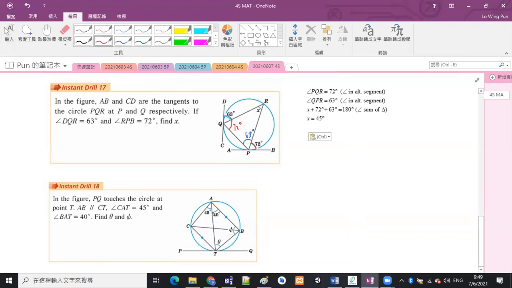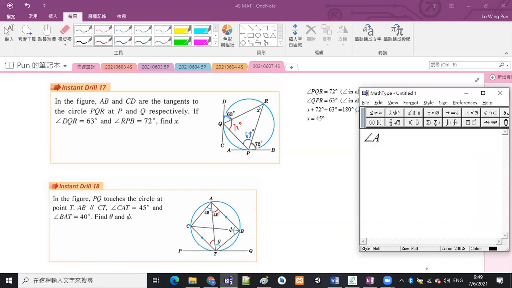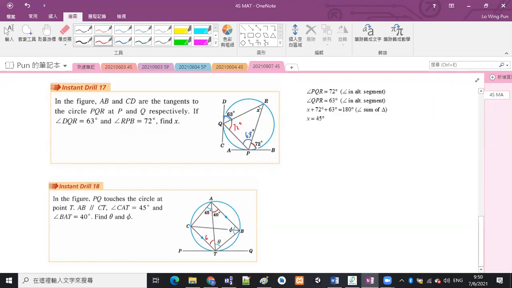Okay, so this 40 degrees and this angle, this angle is also equal to 40 degrees, right? So angle ATC is equal to 40 degrees, and this is alternate angles where AB is parallel to CT. Okay, so I have this 40 degrees now.